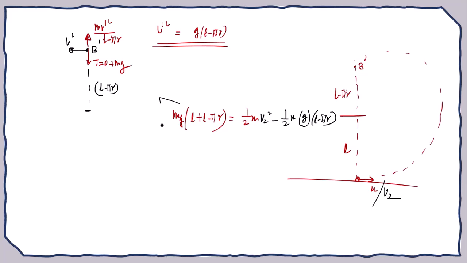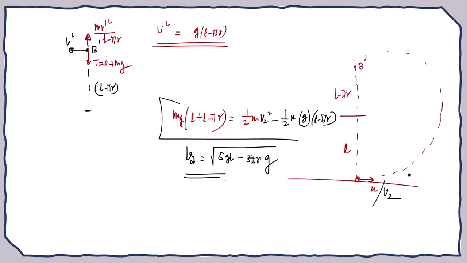The solution of this will be the value of v2. Once I simplify this, I get v2 as root of (5gL minus 3 pi r g). So this is the velocity that you have to impart so that the particle will go up to B prime.